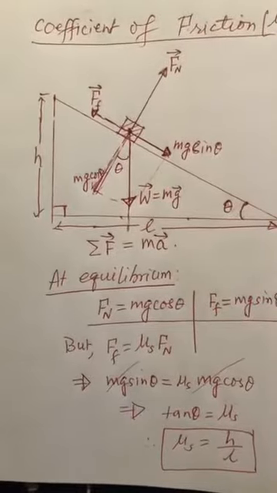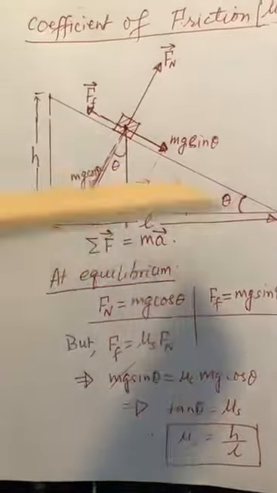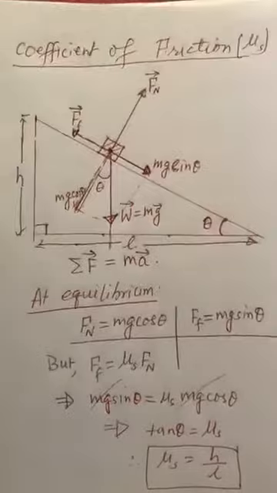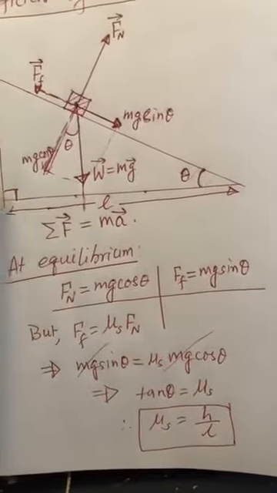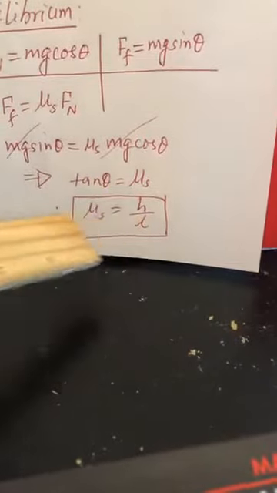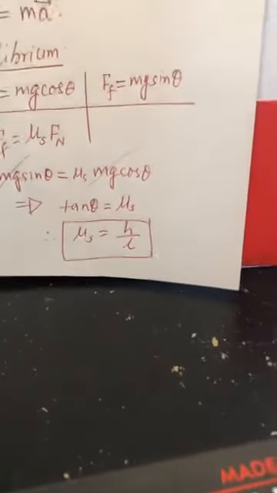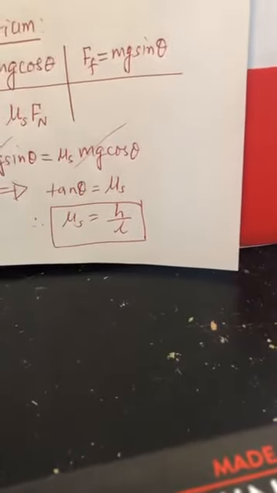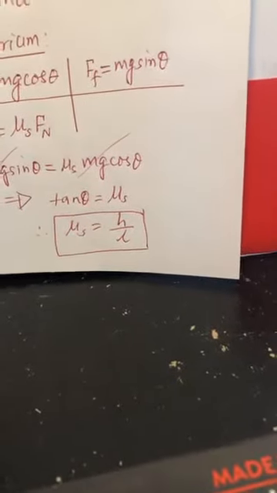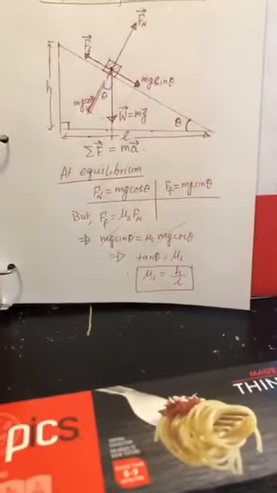In the United States we usually call it opposite over adjacent, that's how it is taught, but perpendicular over base, so h over L. So then in the last expression, for tangent of theta I wrote h over L, and mu s is the coefficient of friction. And see, this has no unit because height is in centimeters or meters, length is in centimeters or meters, so they cancel. So the coefficient of friction, let me convert that into selfie mode.